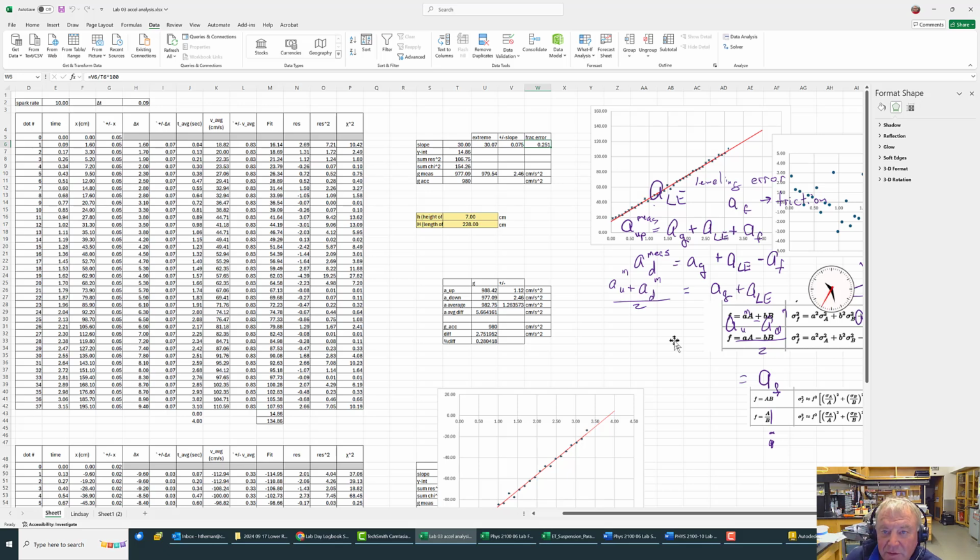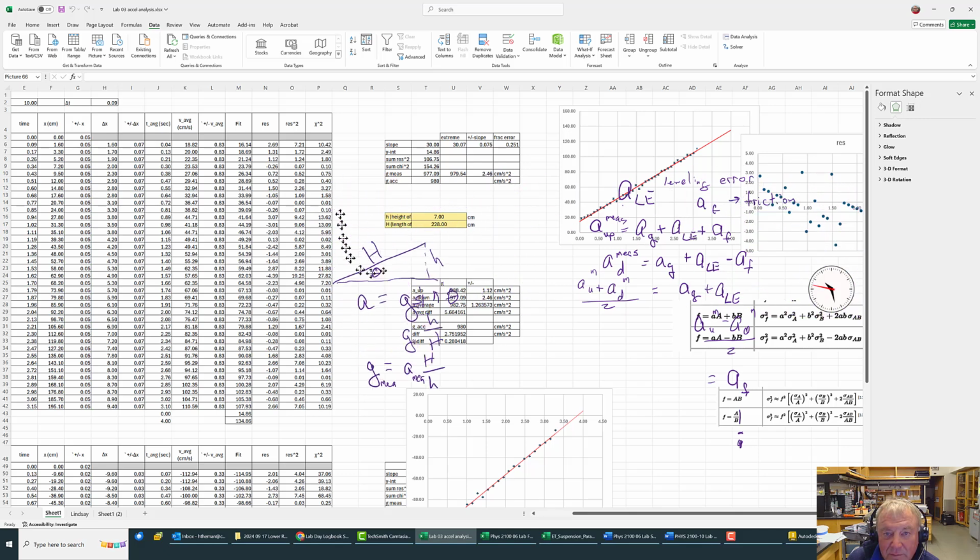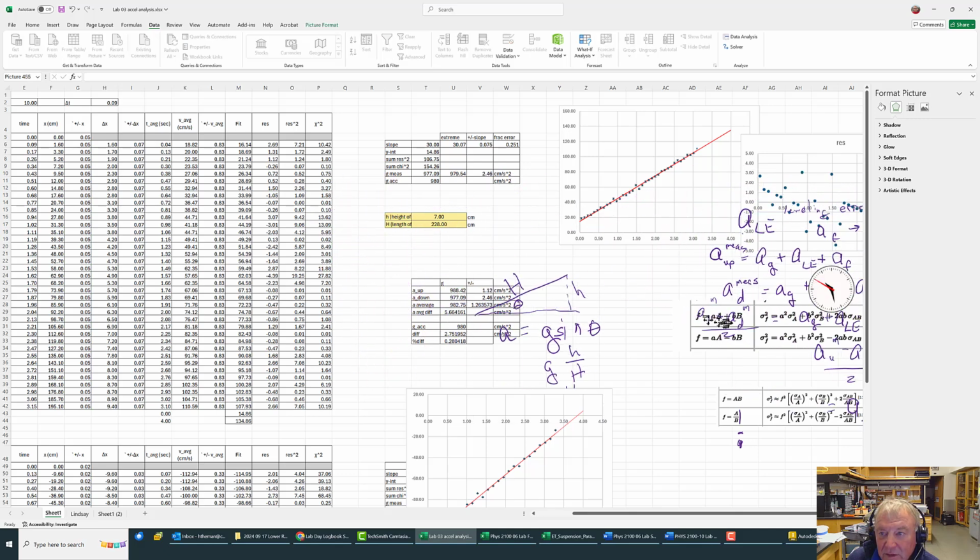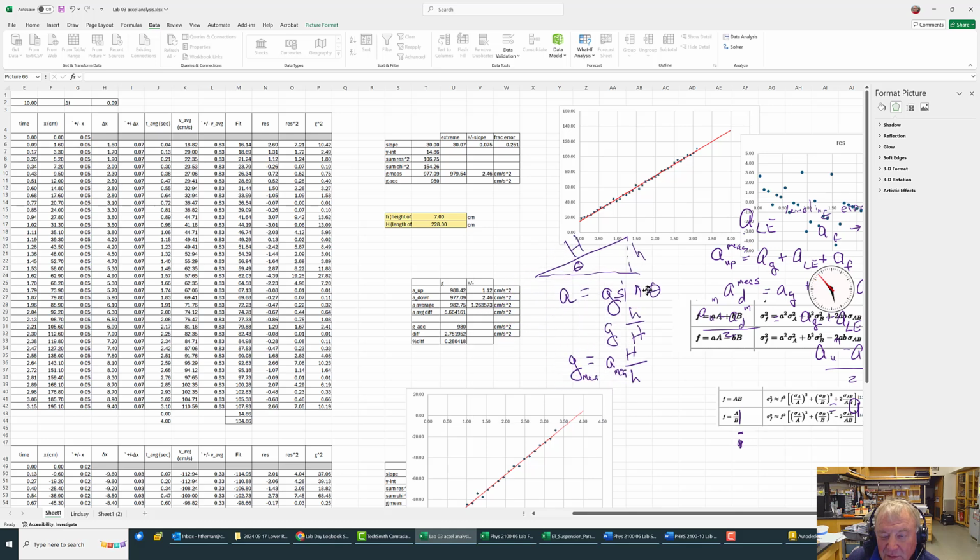And, oh yeah, just to be certain, here, I forgot this part, here we go. So we remember in lab we said A is g sine of theta, which happens to be little h over capital H, right? Opposite over hypotenuse. So we don't even need to know what theta is, so it's just g times little h over capital H. And then if we want to know the measured acceleration of gravity, we just invert this and bring it to the other side.